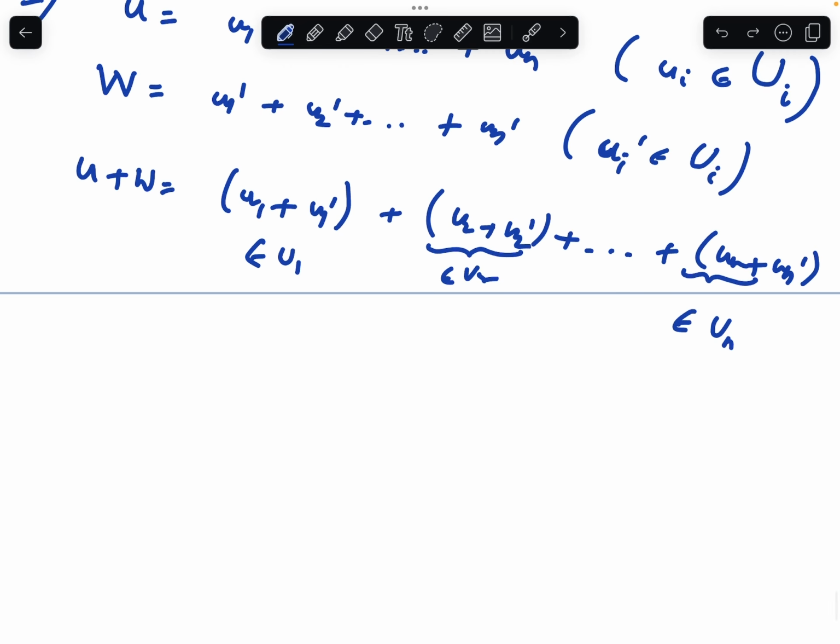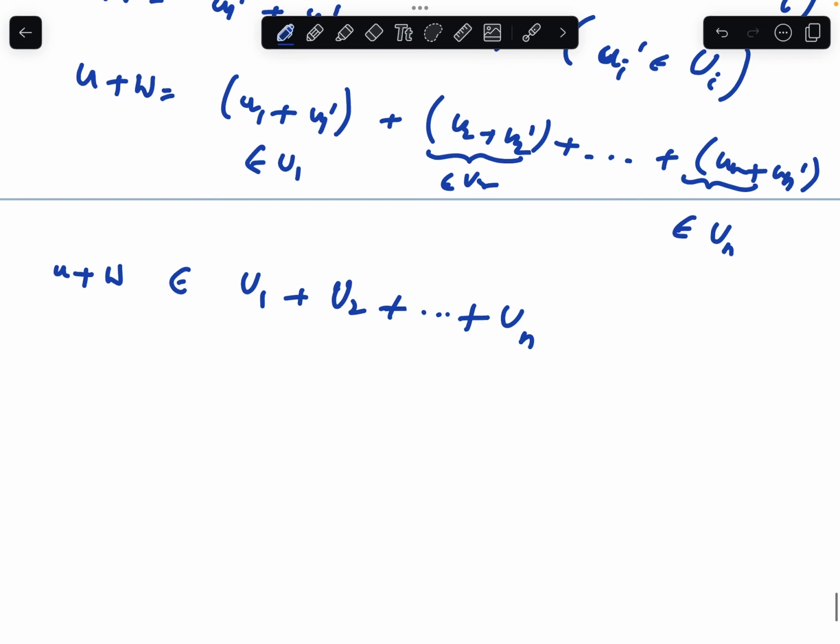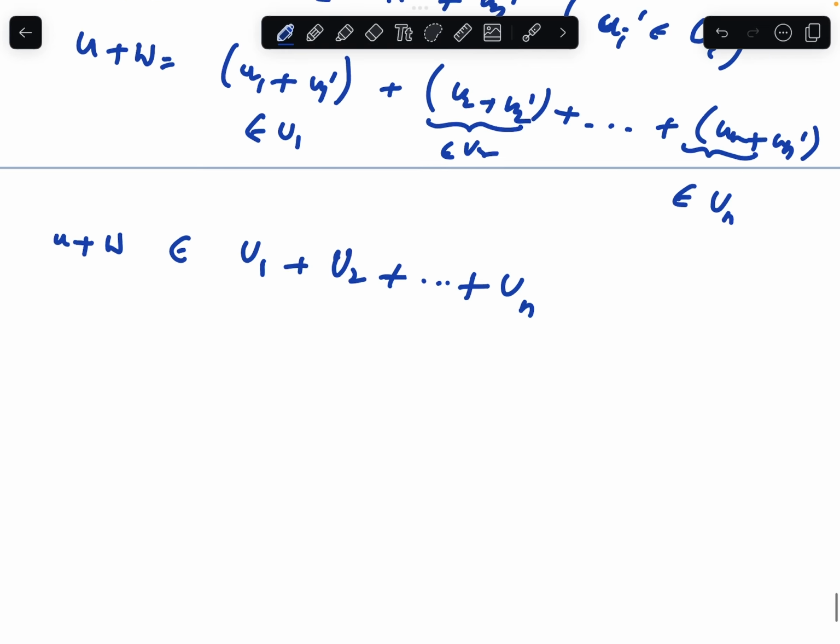So the summation belongs to u1 plus u2 plus dot dot dot plus un, which means it is closed under addition.